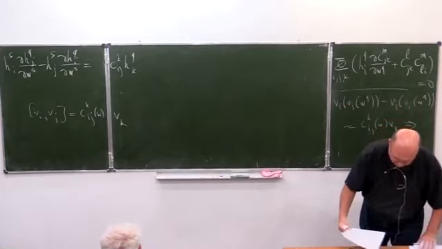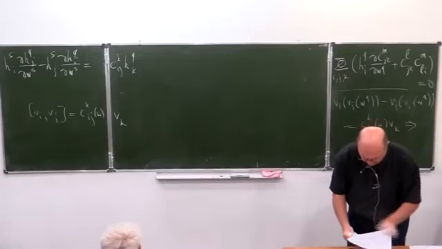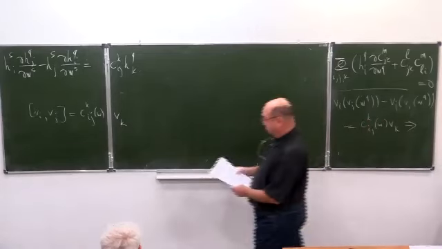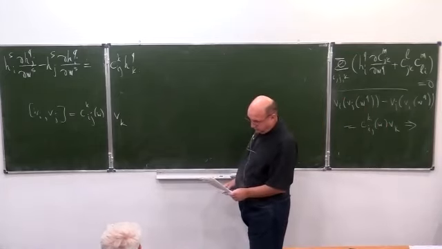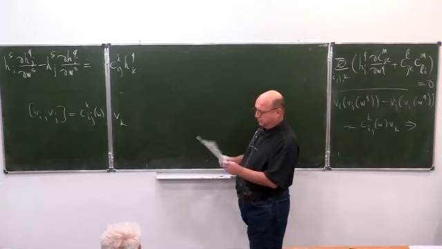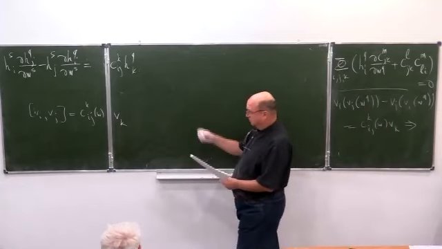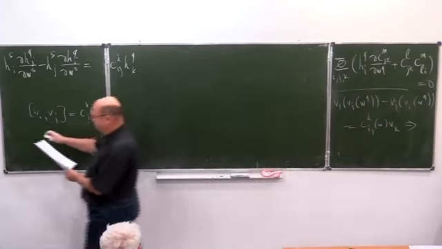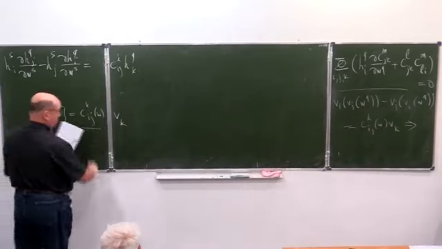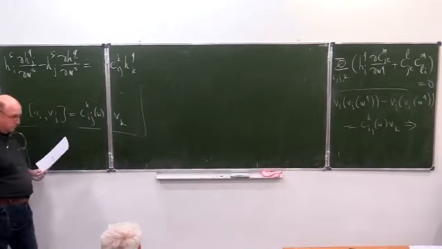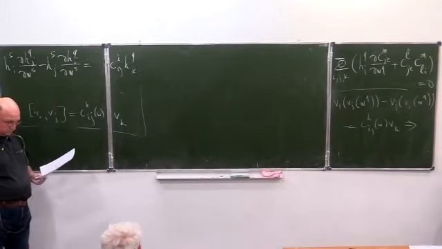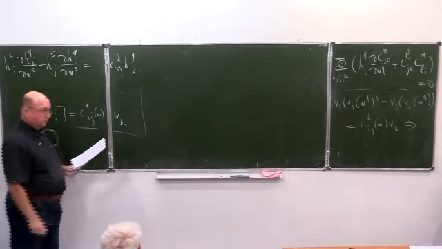Once again, our anchor takes elements of G to derivations of the algebra A, which are actually vector fields on Rn.